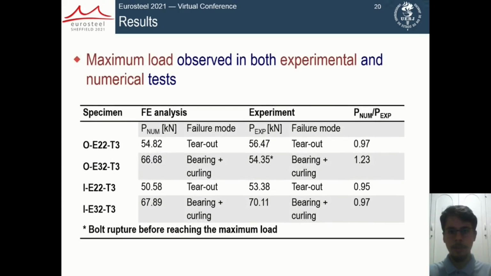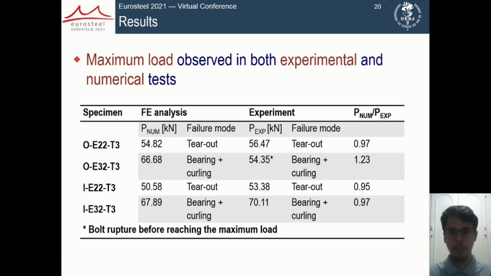The table presents a summary of the results obtained, showing a good correlation between the ultimate loads obtained in the experiments and the numerical model, except for the outer plate with 32 mm, which had an unforeseen bolt failure.